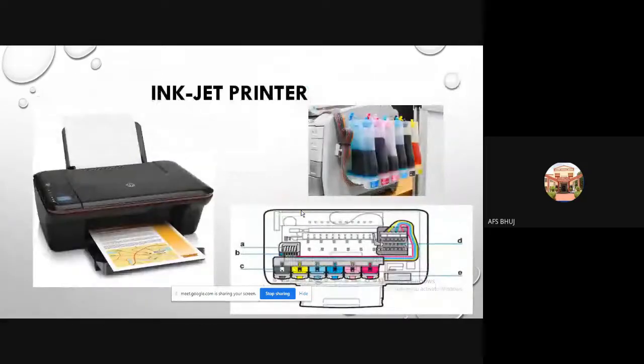And inkjet printer sprays ink on the paper. We can see some ink bottles here on the right side, some colorful bottles. It sprays ink on the paper so that it gives colors in colorful prints also.